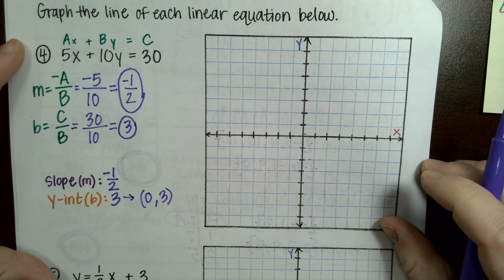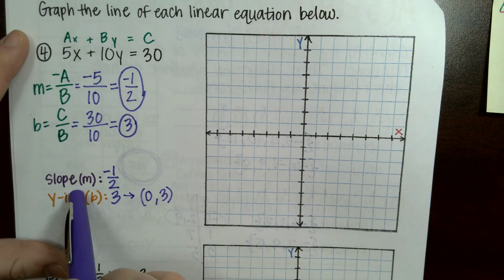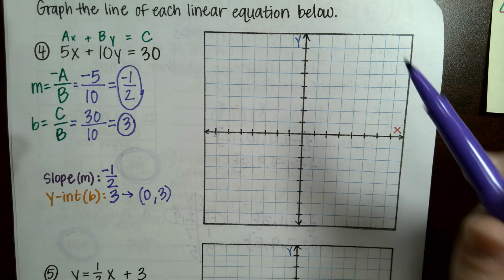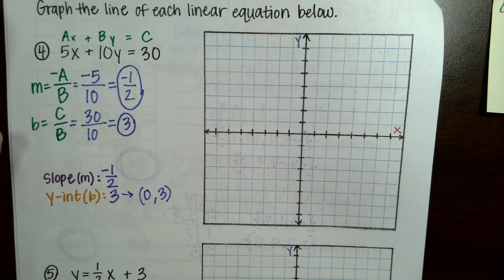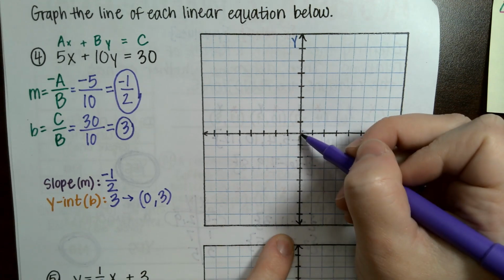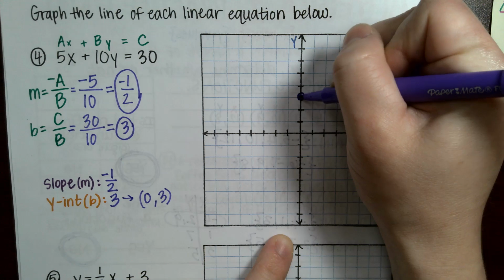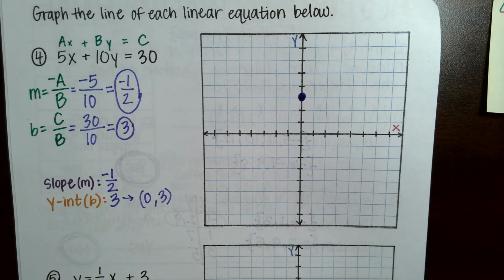Okay, so whenever we are graphing a line, once we have our y-intercept and our slope, what do we put on the graph first? Yes, the y-intercept at 0, 3. So I'm going to go over 0, up 1, 2, 3. Perfect. So there's my y-intercept. And where do I go from here? Down 1 over 2. Yes, I want to use my rise over run.